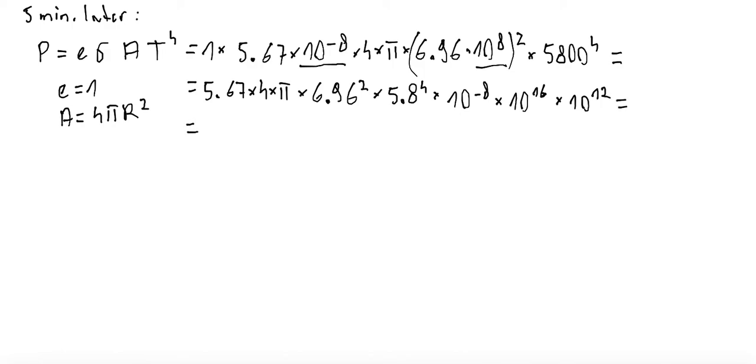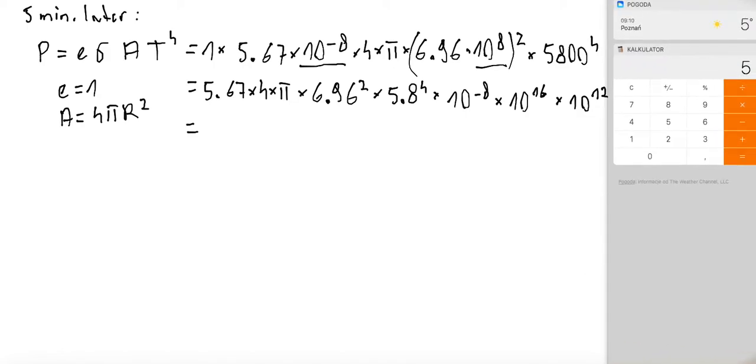Now I can use my powerful calculator: 5.67 times 4 times pi times 6.96 times again 6.96 because it's squared, times 5.8 four times, which is 3.9 times 10 to the power of 6.